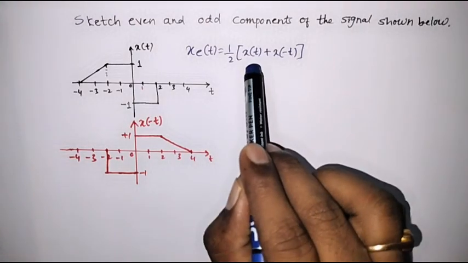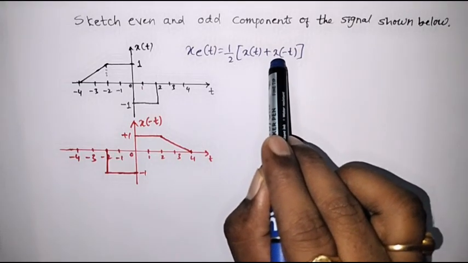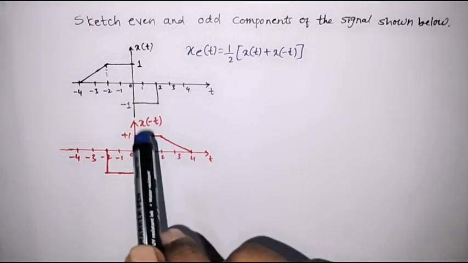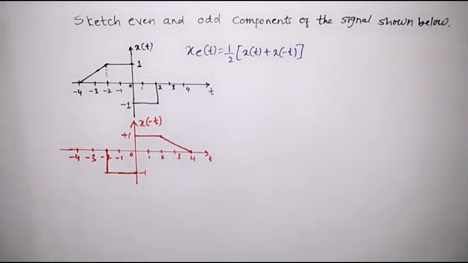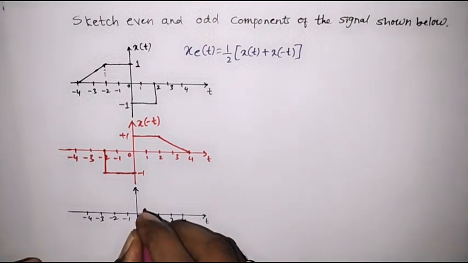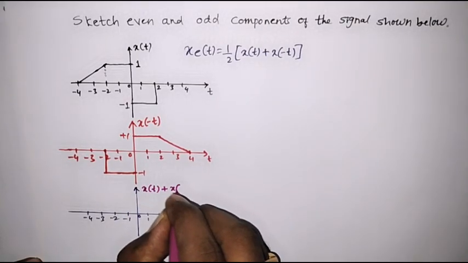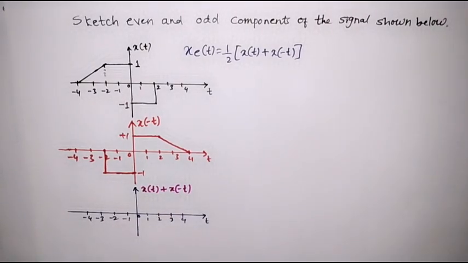So now we'll perform x of t plus x of minus t. That is, we are supposed to add the x of t signal with the x of minus t signal. Let this be the x of t plus x of minus t signal.